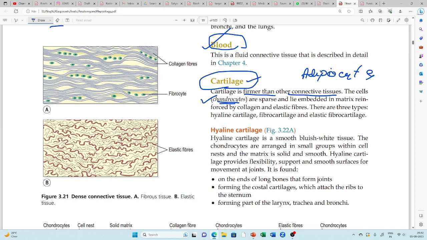They lie embedded in a matrix reinforced by collagen and elastic fibers. So it contains chondrocytes, collagen fibers and elastic fibers.